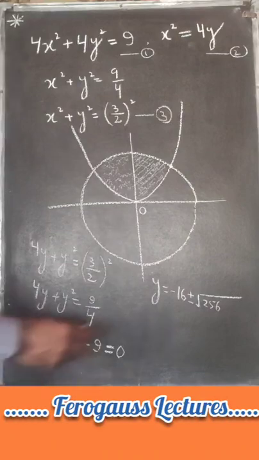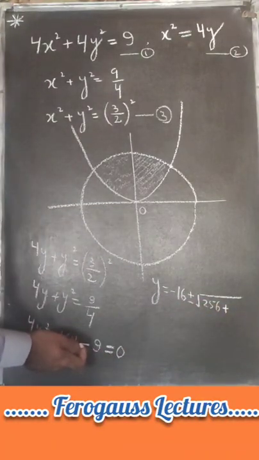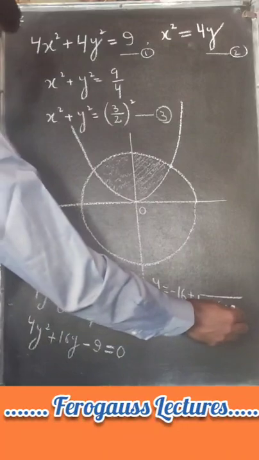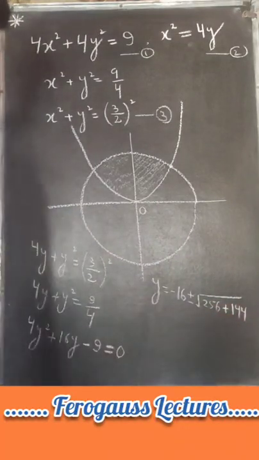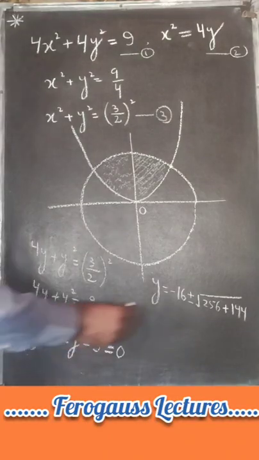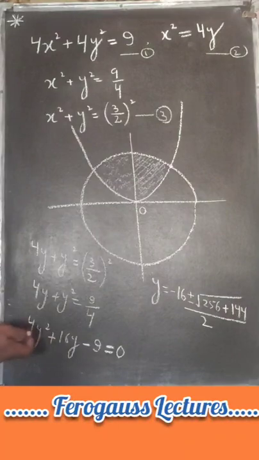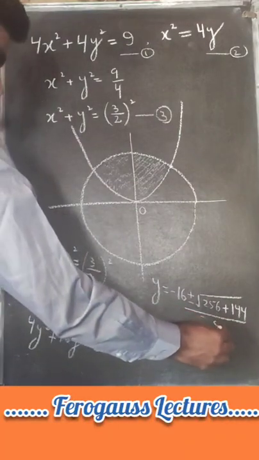Since c is minus 9, minus minus is plus, so we get 4 into 4 into 9, that is 144, divided by 2 into a, and here a is 4, so 2 into 4 is equal to 8.